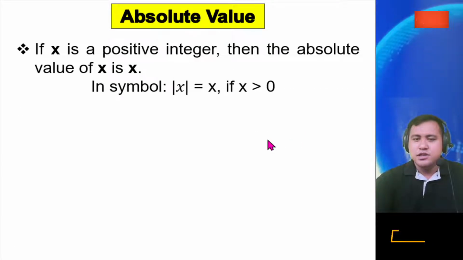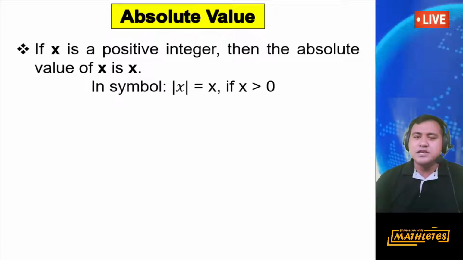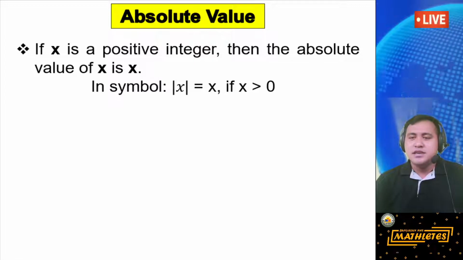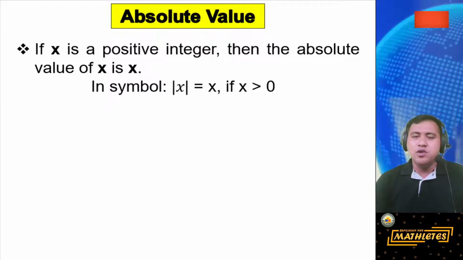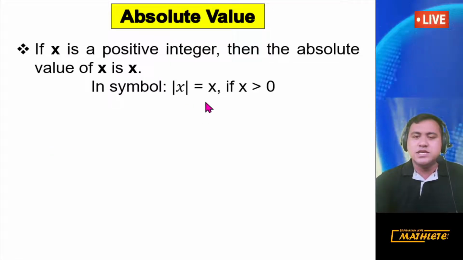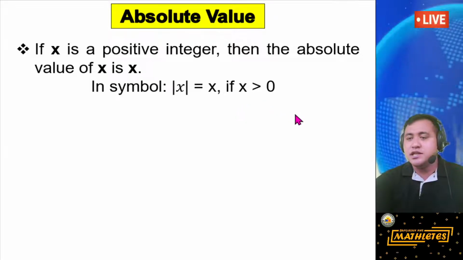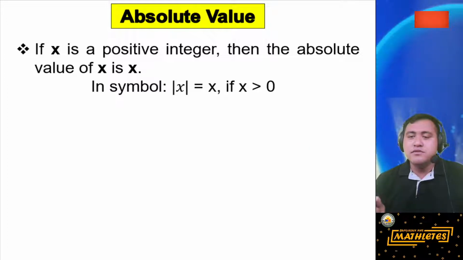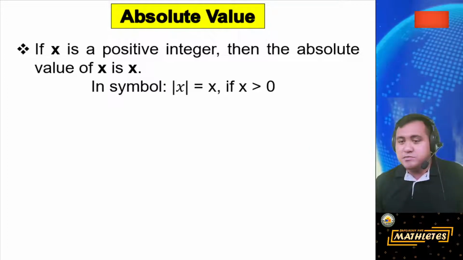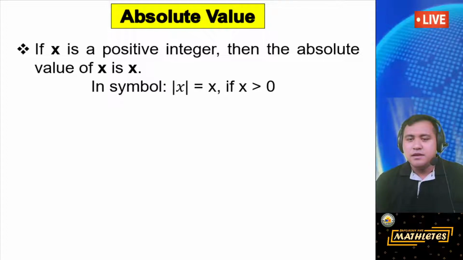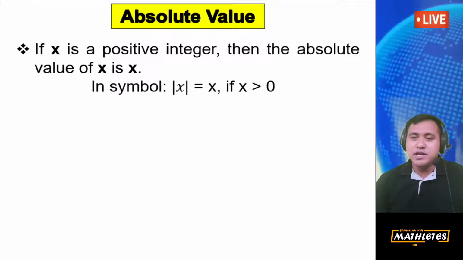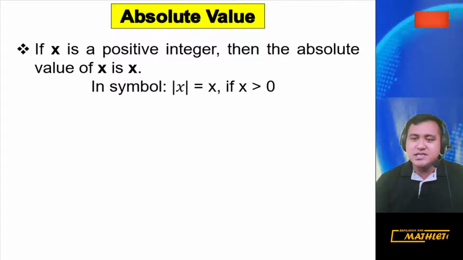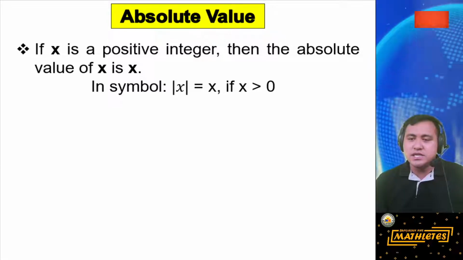Okay? So for example, if x is a positive integer, then the absolute value of x is x, of course. So in symbol, the absolute value of x is equal to x if x is greater than 0. Now, as I've said in our definition, the absolute value of a number is the distance of a number from 0. Remember that the distance itself is always positive.